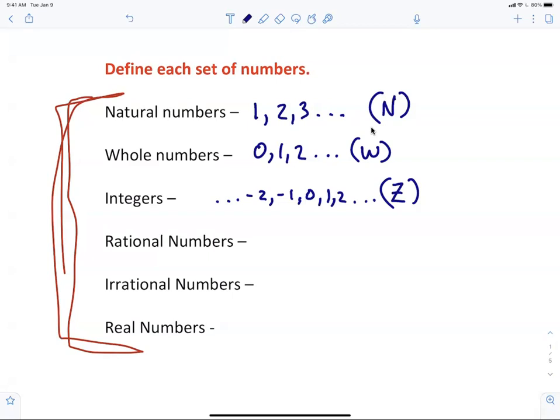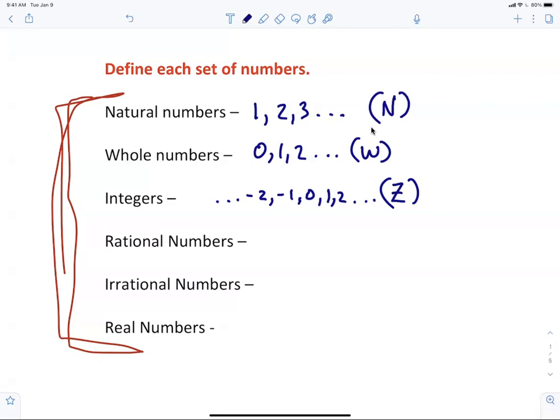Now, what are we talking about when we talk about rational numbers? What's a rational number? Like decimals? Thank you, Oliver. He is correct, they are decimals. But what else? Specific kinds of decimals. Let's look.